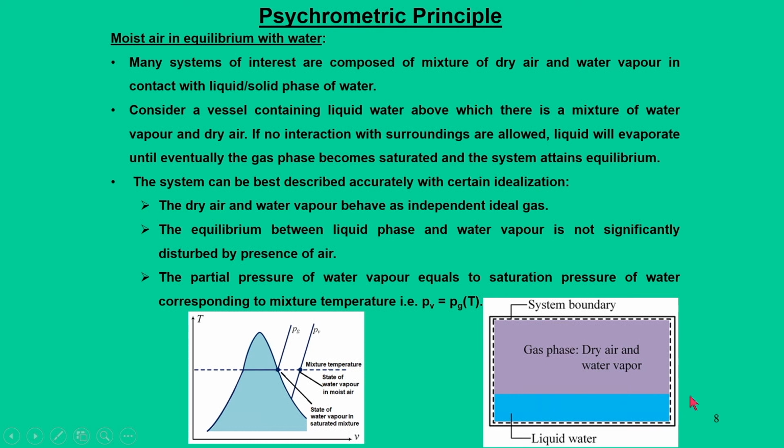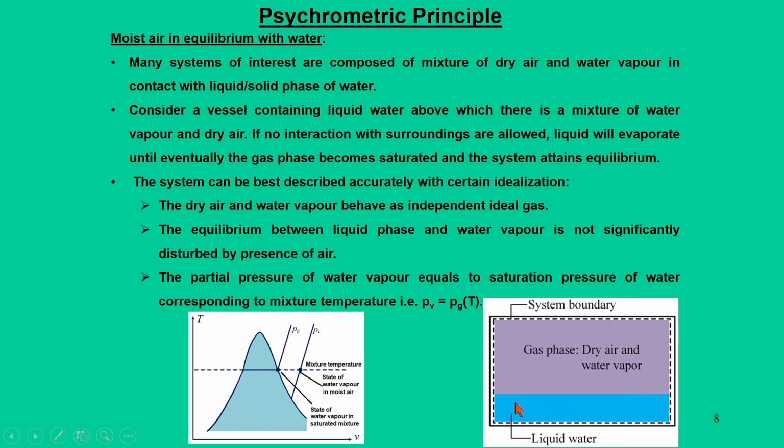One is the complete liquid water phase, the other is the gas phase, where the remaining part of the volume holds a mixture of dry air and water vapor. Such a mixture we say is in equilibrium. Such a system can be described accurately with certain idealizations, that is, dry air and water vapor behave as two independent ideal gases.